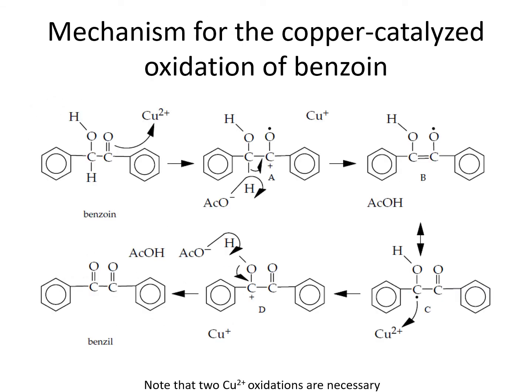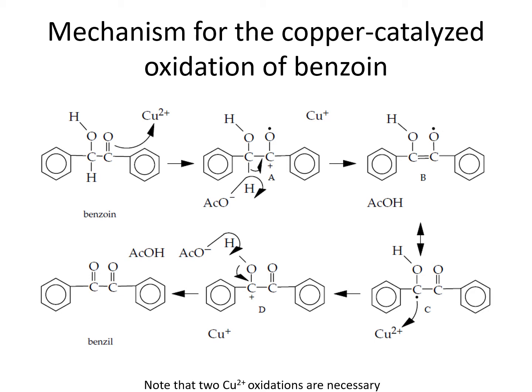So when you see here in detail, the copper abstracts an electron from the pi electrons of the benzoin and creates a radical on oxygen, and then the acetate part of the copper acetate is used as the base to abstract the hydrogen, and then the carbon-hydrogen bond electrons will delocalize to create a newly formed double bond, and then that radical delocalizes back to carbon, and the radical all the way goes to the second carbon, and again a second mole of copper acetate comes.